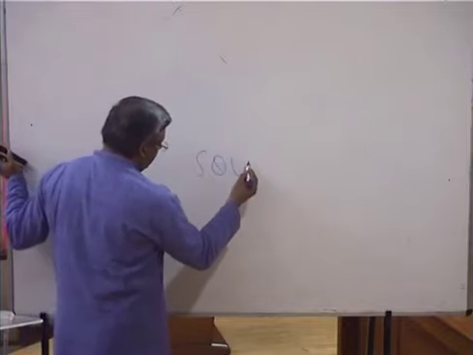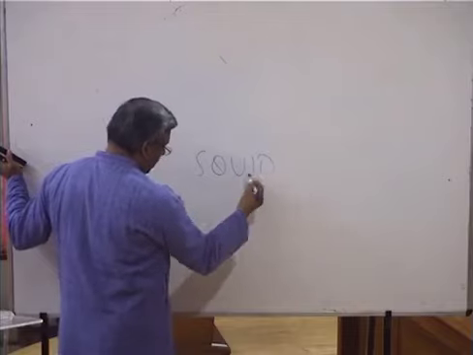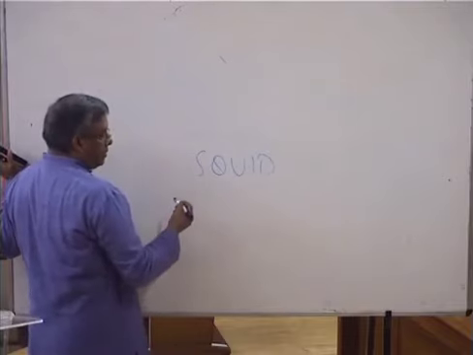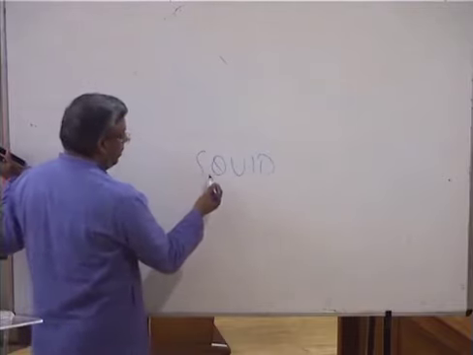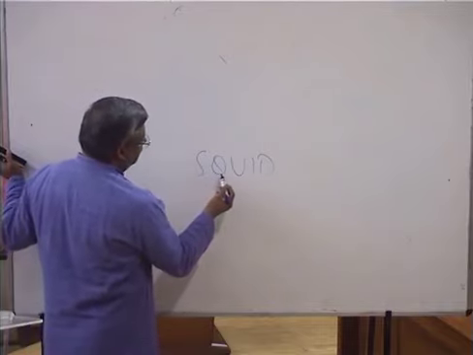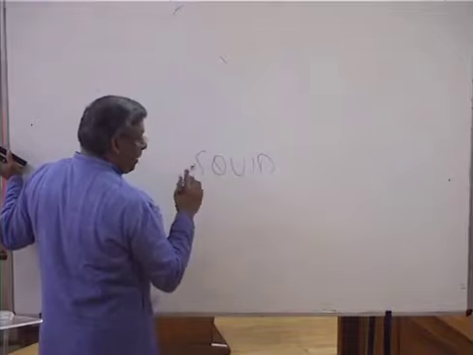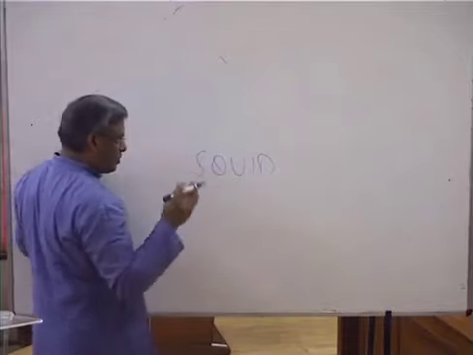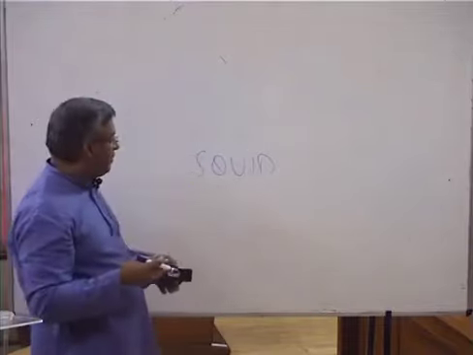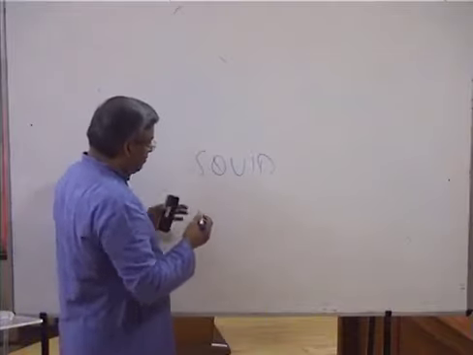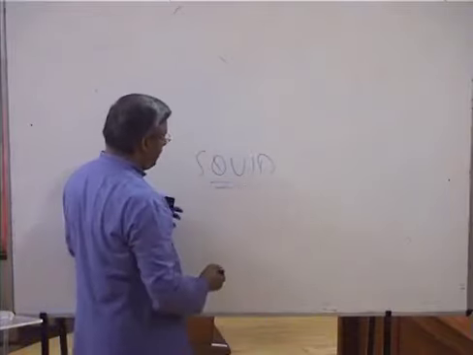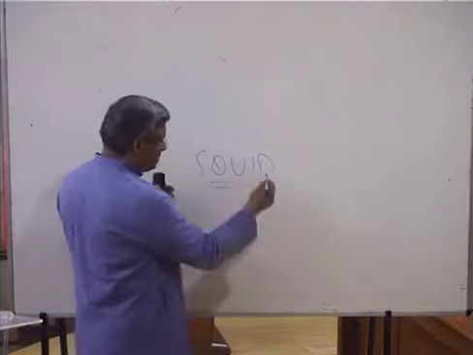And something which I want to mention and conclude my session with is the SQUID. SQUIDs are superconducting quantum interference devices. I won't go into details. You can research and find what this means. I just give some qualities of this particular device.